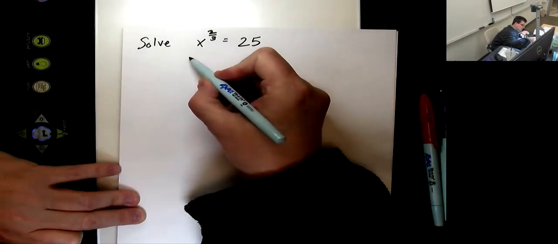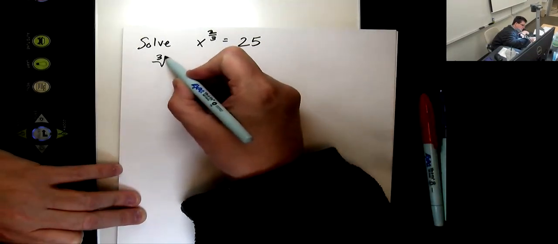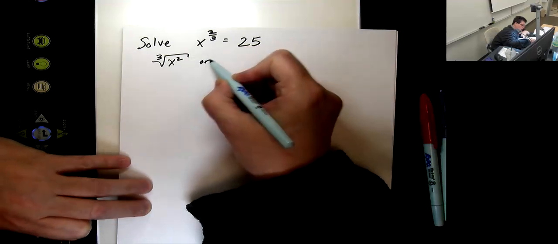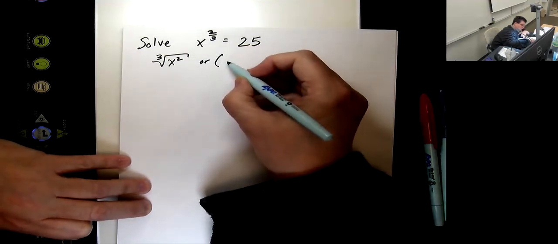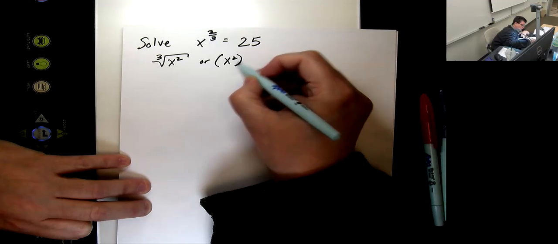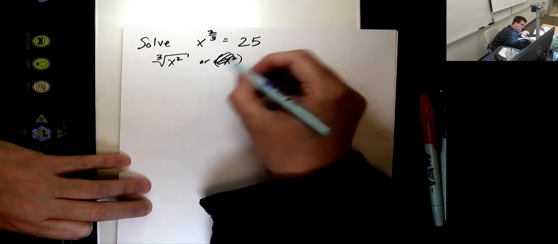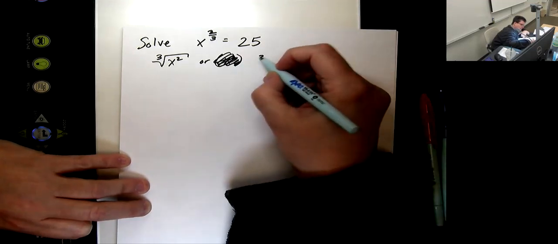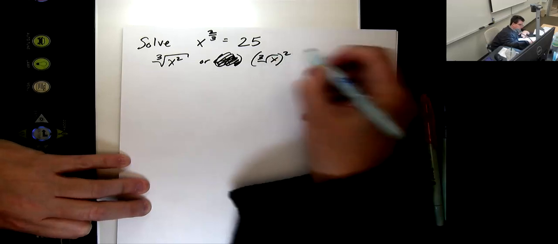I can write this as the cube root of x squared, or I can have x squared and then that's not what I wanted. I wanted the cube root of x squared.